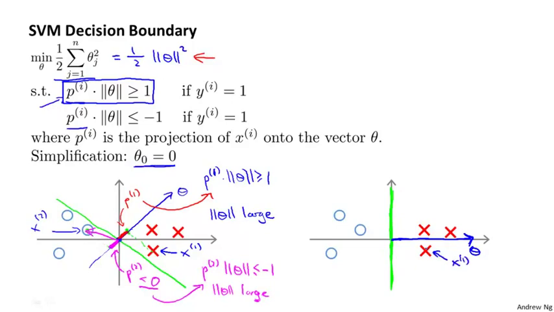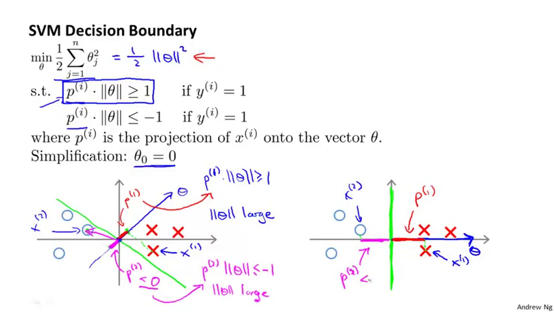So when I project this onto theta, what I find is that this length there is P1. And for the other example, if that example is x2, and I do the same projection, then what I find is that this length here is P2.